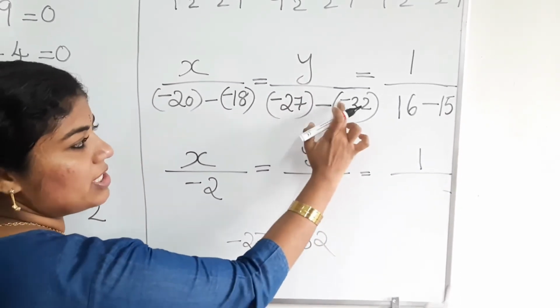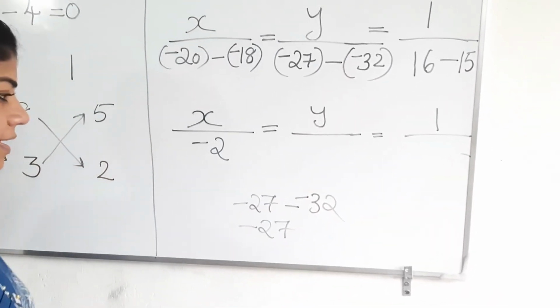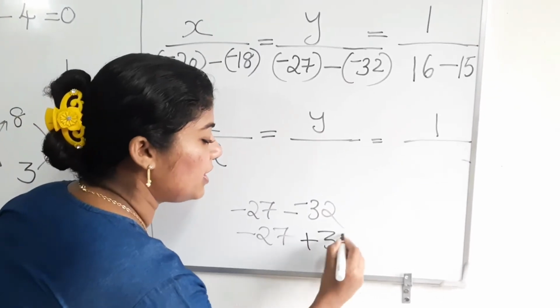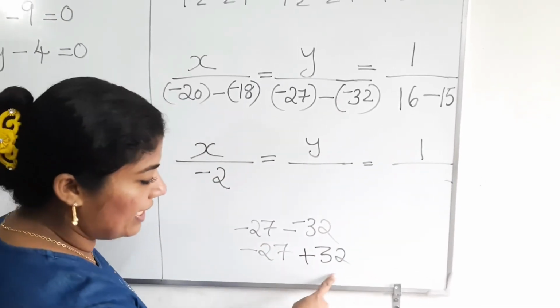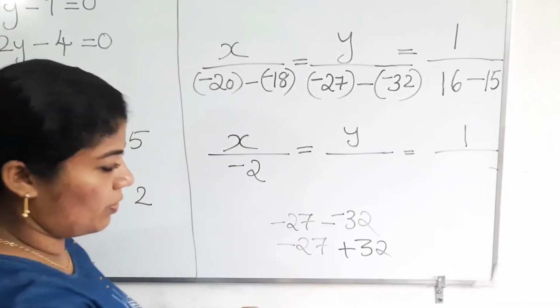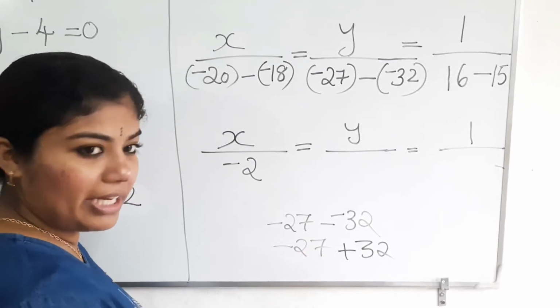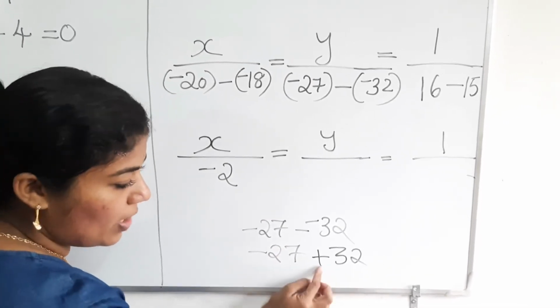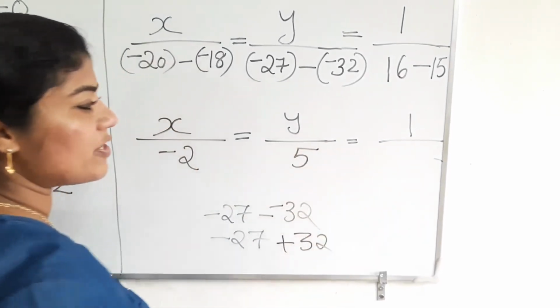Minus 27 minus 32, so minus 27 plus 32. You will get the highest one minus the lowest one. So 27, 28, 29, 30, 31, 32, 5 will come with the addition. Highest value symbol is addition, so plus 5 will come. So you can directly write 5.